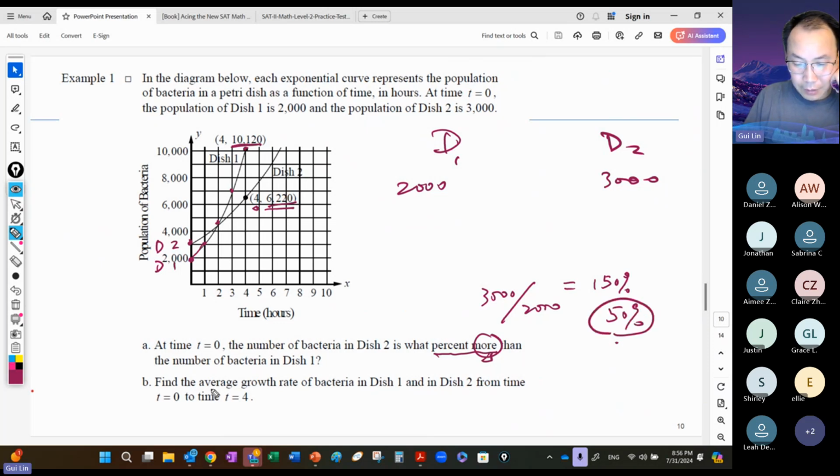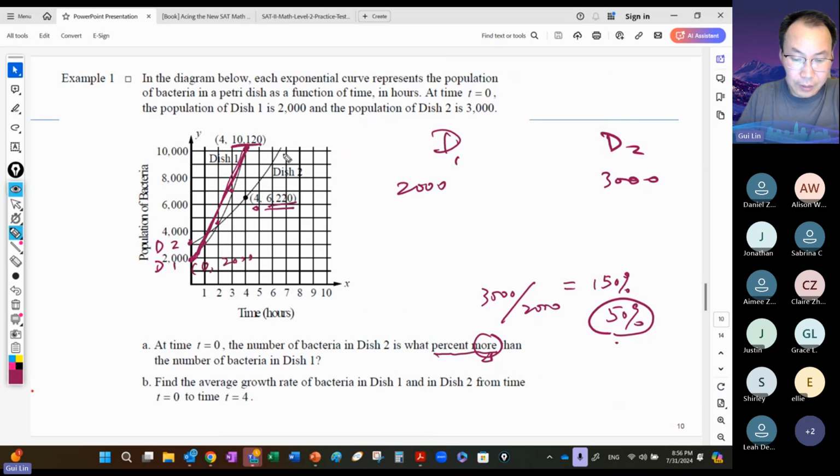All right, so find the average growth of bacteria in dish 1 and dish 2 from time 0 to time 4. So average growth rate. Actually they are exponentially growing, but if you average, it becomes a linear line connecting these two points, right? So you can just use this dot here and this dot here to define the slope. Here is 0, 2,000.